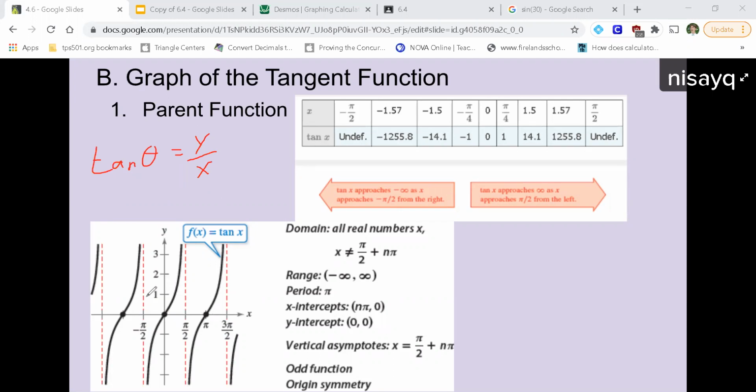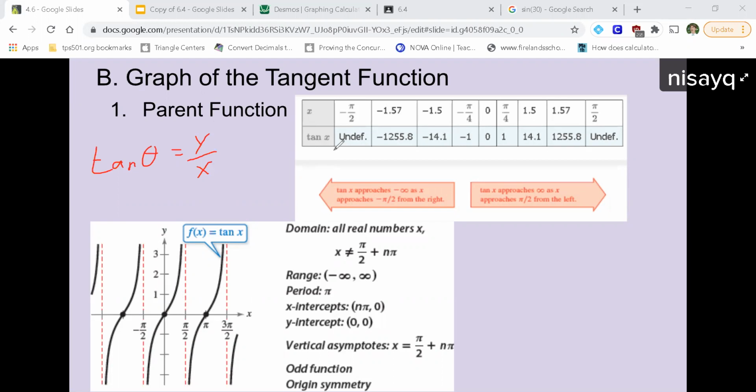And when that x value is 0 at those points, any number divided by 0 is undefined, right? You can't divide by 0. So those make vertical asymptotes in our graph every pi over 2.